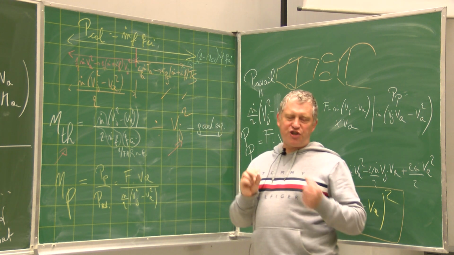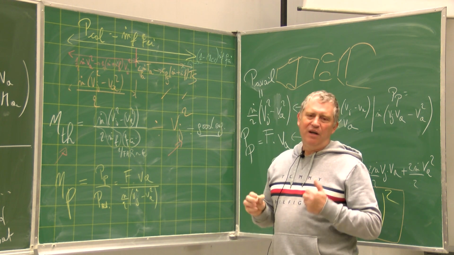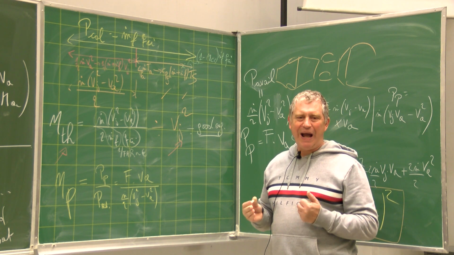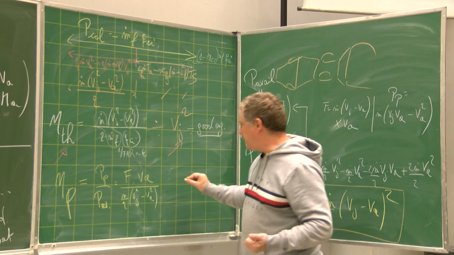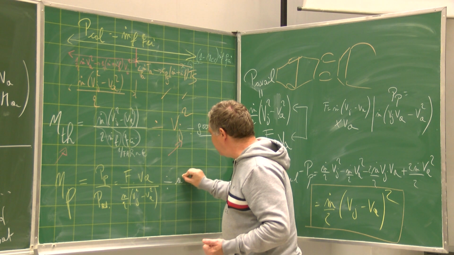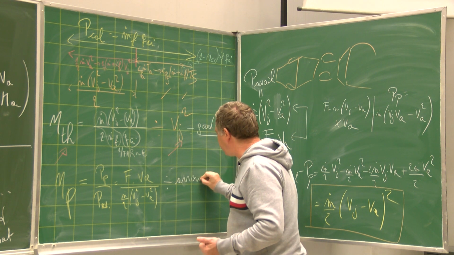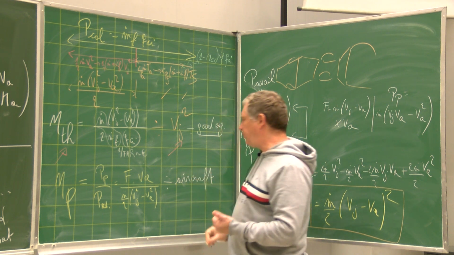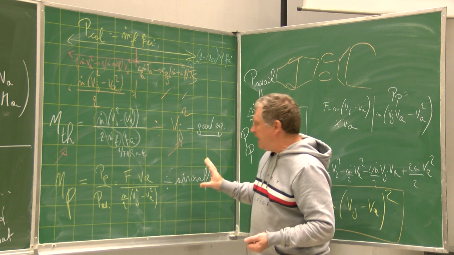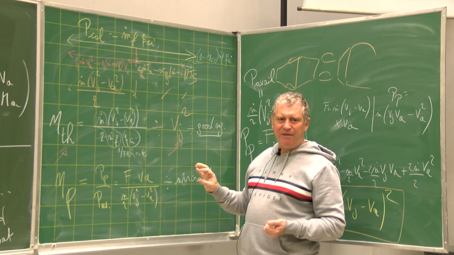Here, it shows if we have the good engine in the right application, because this is related with the aircraft that we have. So it depends on the flight speed, VA.